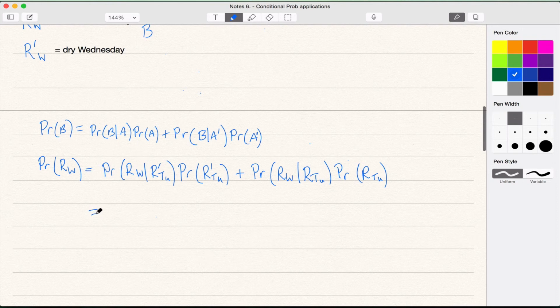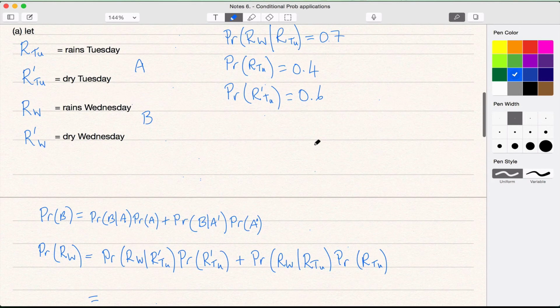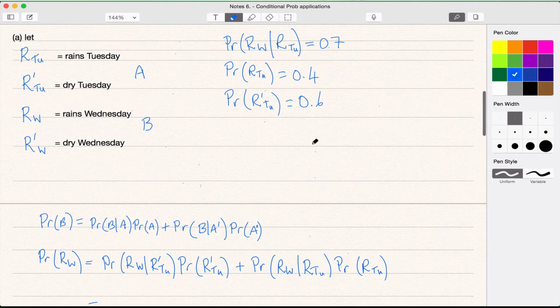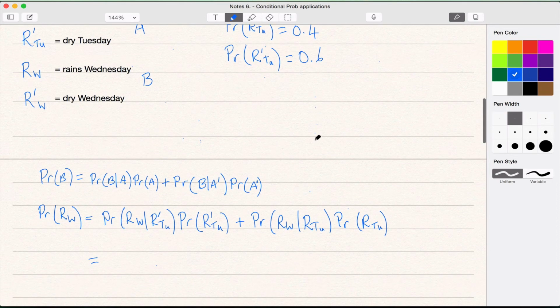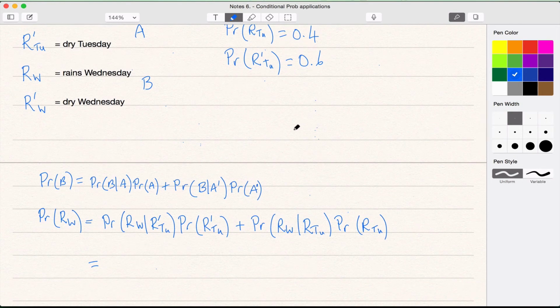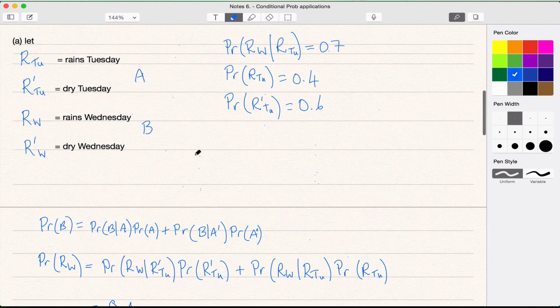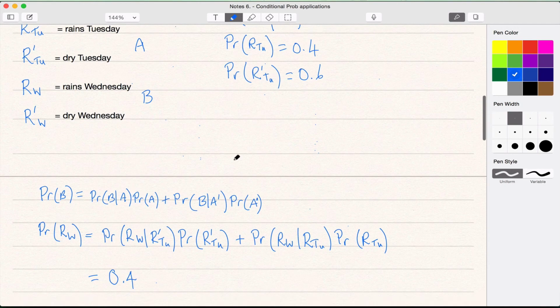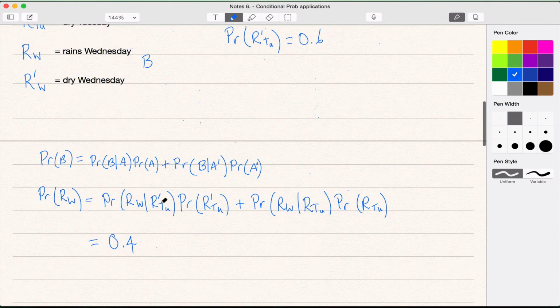Okay, let's substitute some values in. The probability it rains on Wednesday given that it doesn't rain on Tuesday is going to be 0.4 because it's going to be the same chance that it rains on Tuesday, which is 0.4 here, if it hasn't rained on the day before.